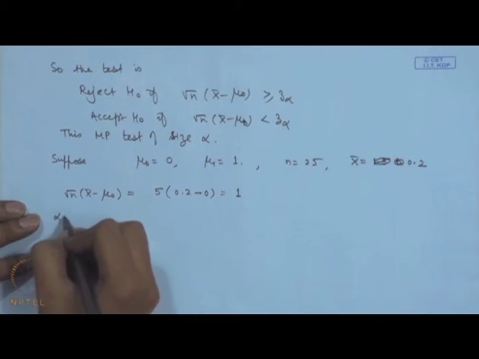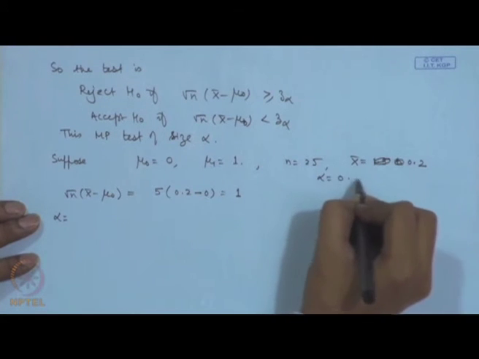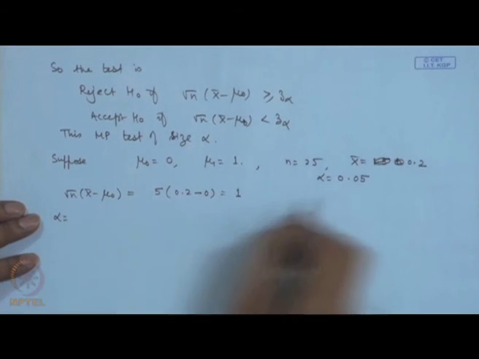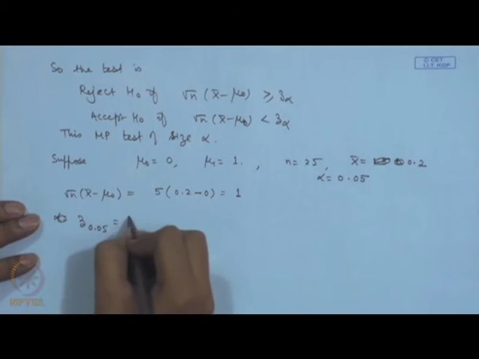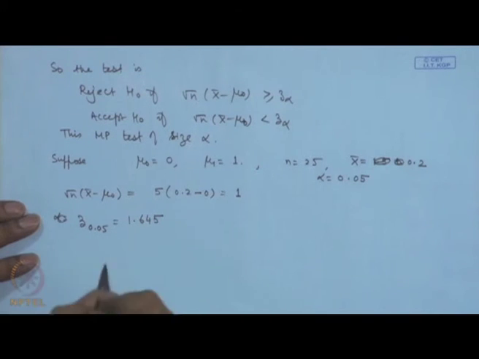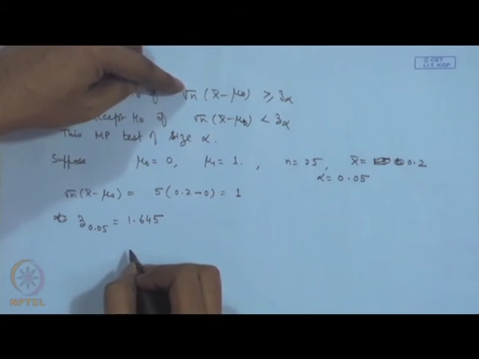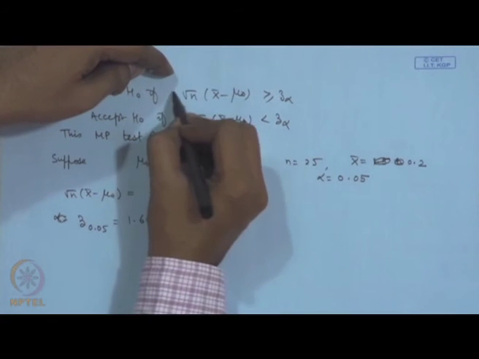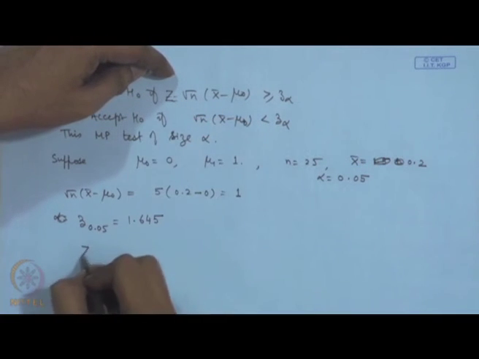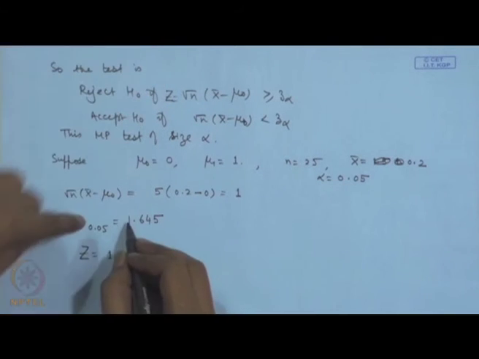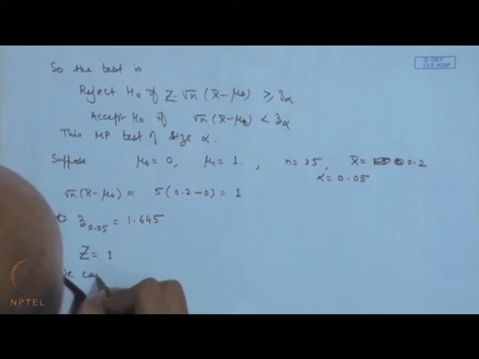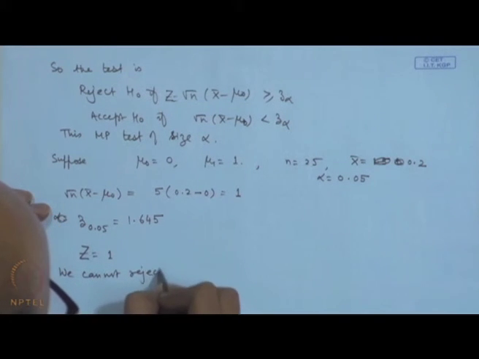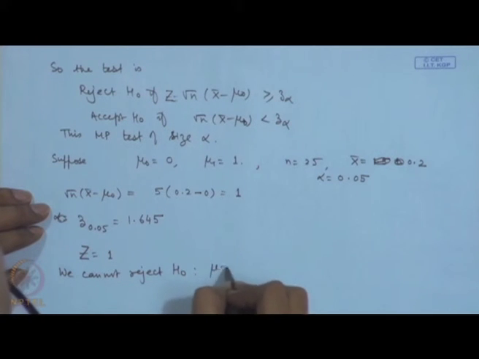And let us consider, say, alpha is equal to 0.05. If I take alpha is equal to 0.05, then z of 0.05 is equal to 1.645. So, we are getting here this, let me call this value as z. We are getting z as 1 and z alpha value is 1.645. So, we cannot reject H naught, that is mu is equal to 0, if x bar is equal to 0.2.